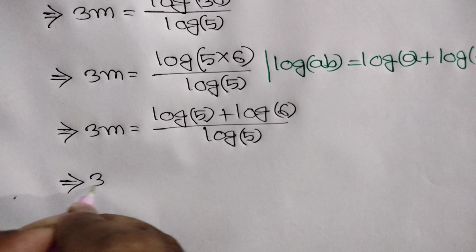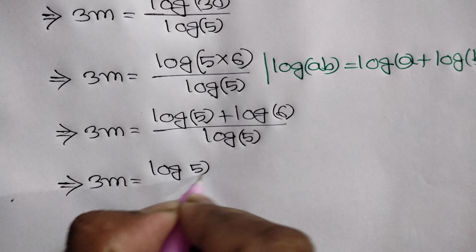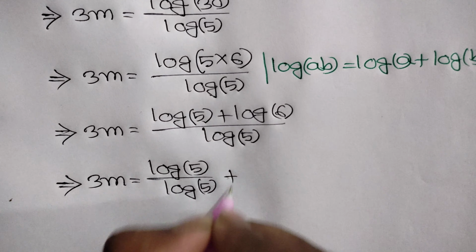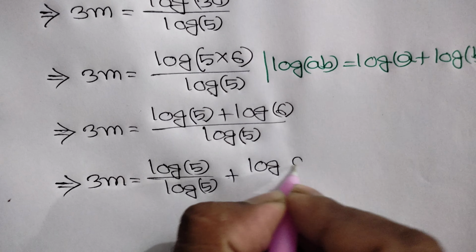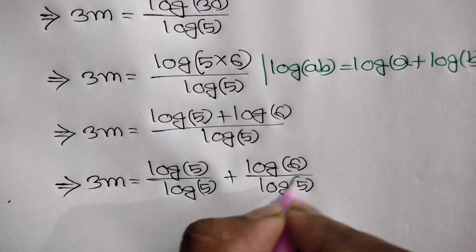Or 3m is equal to, now we can write here log of 5 over log of 5 plus log of 6 over log of 5.